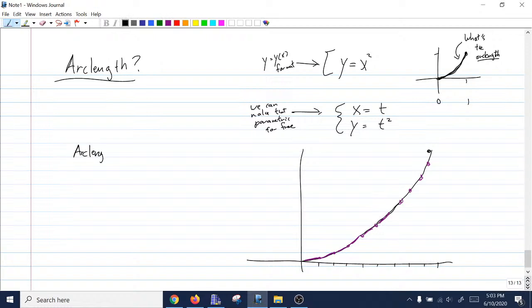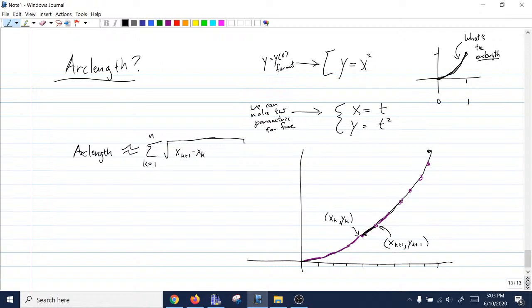So arc length would be approximately a sum from k equals 1 to n of, how would I work out that distance? It would be the square root of xk plus 1 minus xk. So if I grab one of these points, this point is xk, yk. Grab the next point, and that's xk plus 1, yk plus 1.